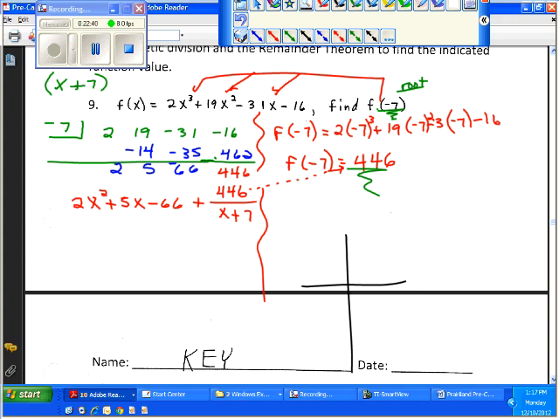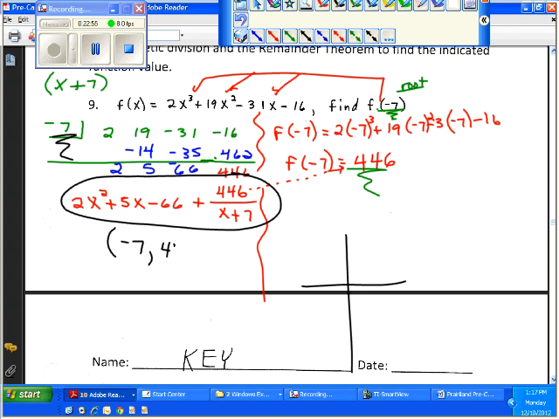But what would happen if you did synthetic division and you just did this right here and you got this? Is that any good to us graphically? Yes. When x is negative 7, y is 446. Now that's an extra point we could graph, right?